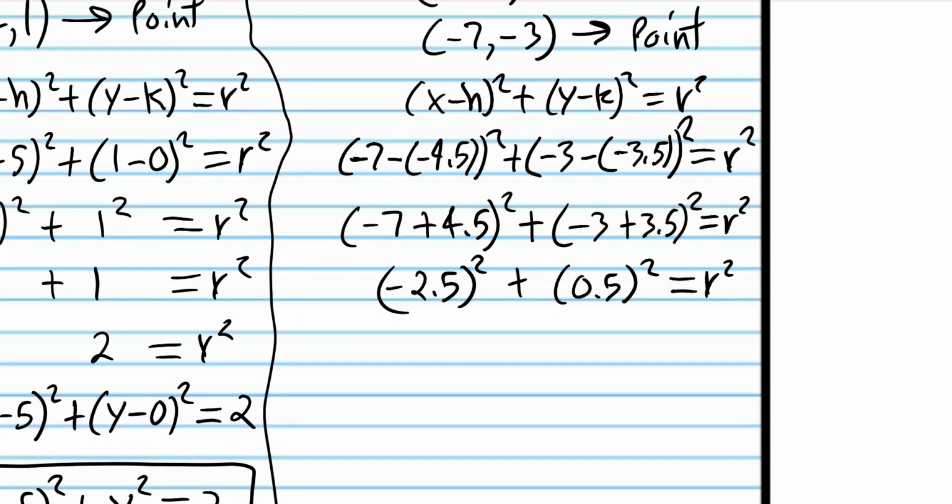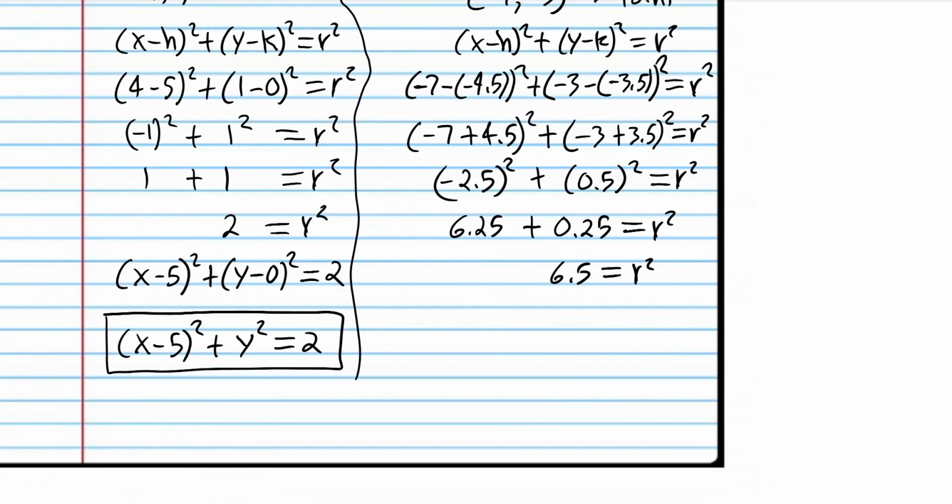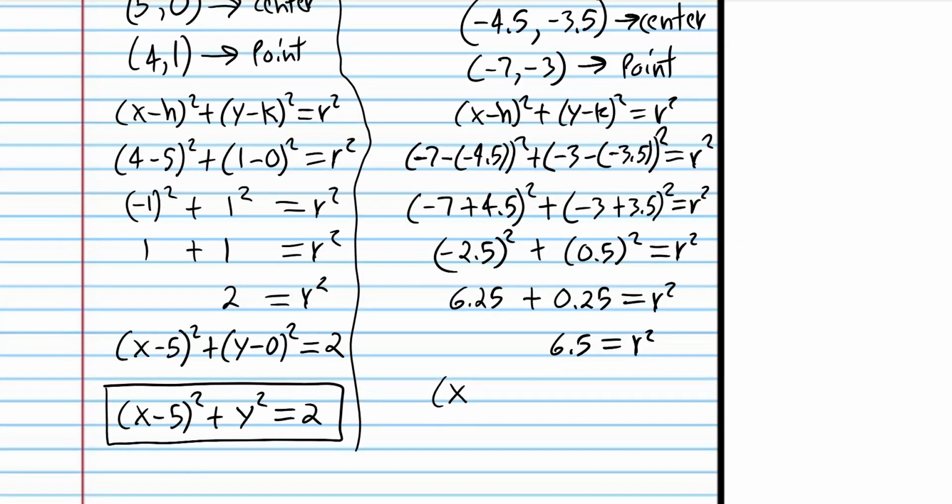So negative 2.5 squared, again, you can use your calculator for that. That calculation is not that easy. 6.25. And 0.5 squared is 0.25. Don't be afraid to use your calculator on those problems. Add those up and we get 6.5 is equal to r squared. And so now we can look up to the center there.